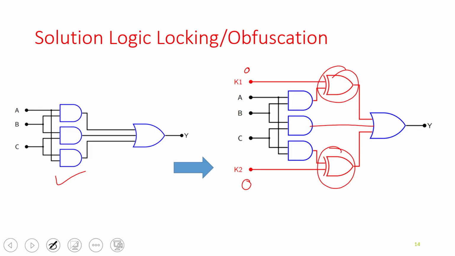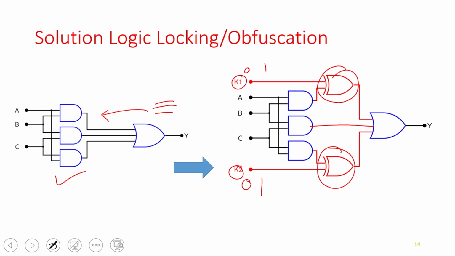Whenever you give the correct value of the key, this circuit is equivalent to this circuit. So, this is your original circuit, you want to hide this information of the circuit, right. And if you give any other value, say 1 1 1 0, the output will be corrupted.